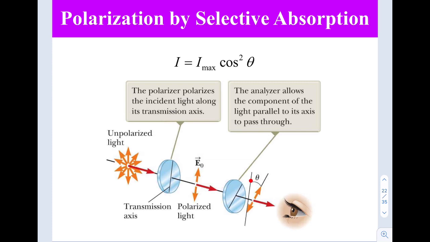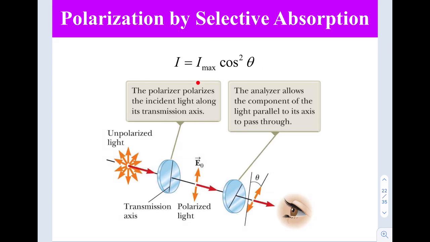Because the intensity of the transmitted beam varies as the square of its magnitude, we conclude that the intensity of the polarized beam transmitted through the analyzer varies as I equals I max cos squared theta, where I max is the intensity of the polarized beam incident on the analyzer. This expression is known as Malus's law.